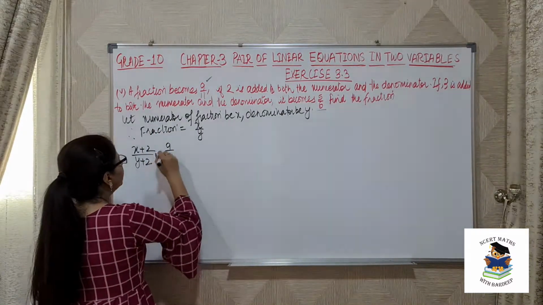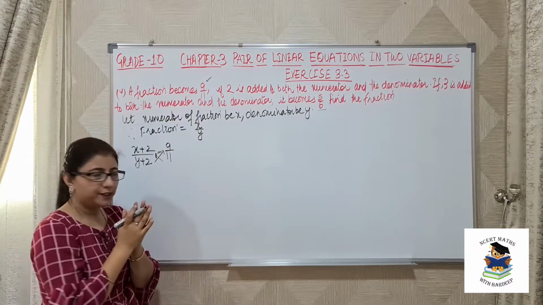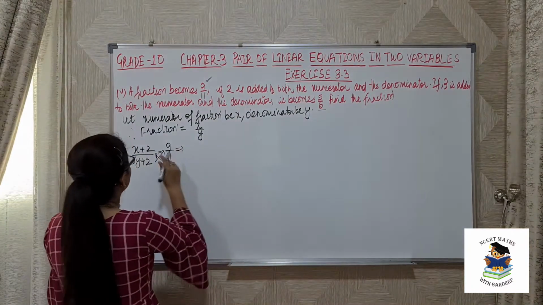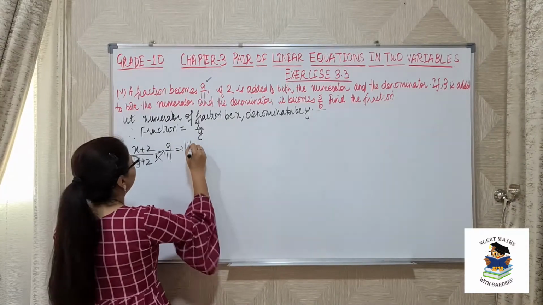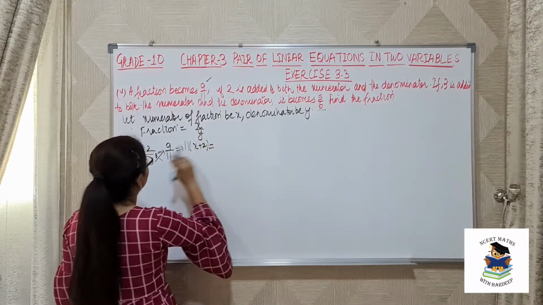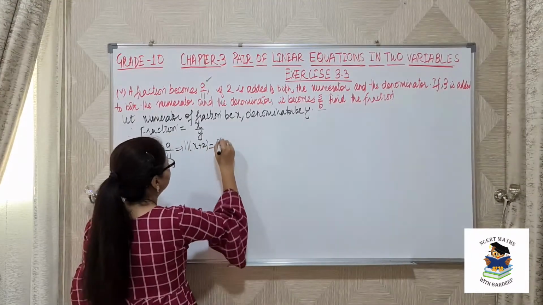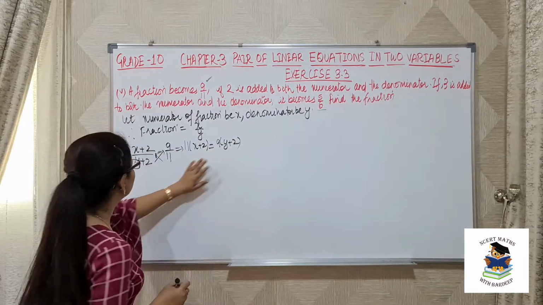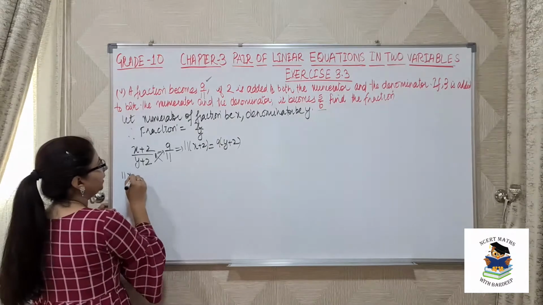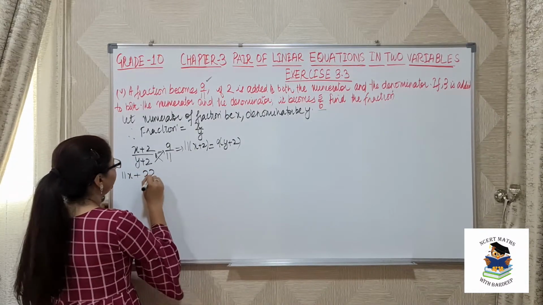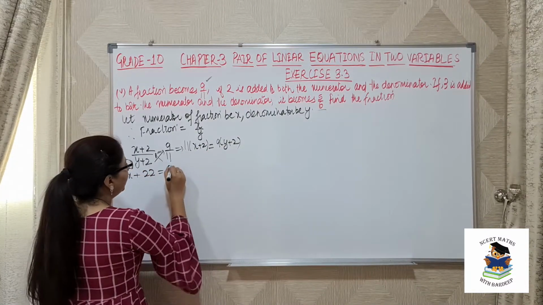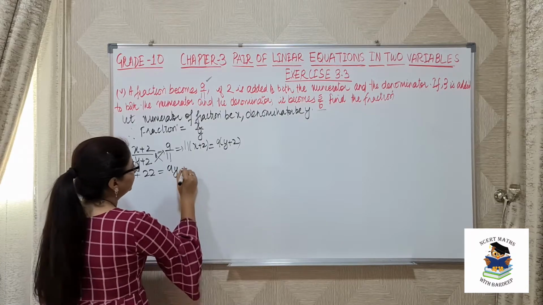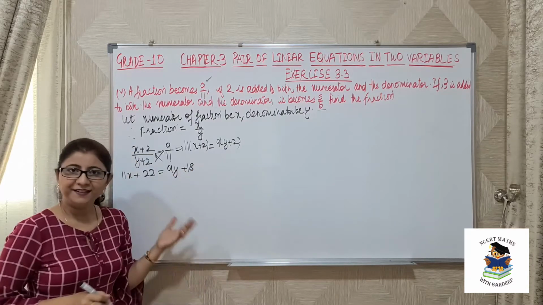Okay. So now cross multiply and find first equation. So this is 11 should be multiplied with x plus 2 and 9 should be multiplied with y plus 2. Okay. So let's open these brackets. So this is 11x. 11 into 2 is 22. 9 into y is 9y. 9 into 2 is 18.